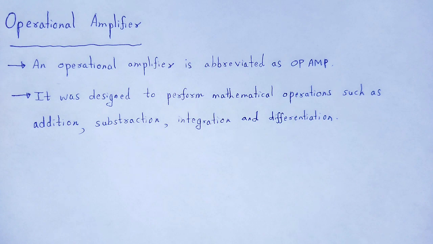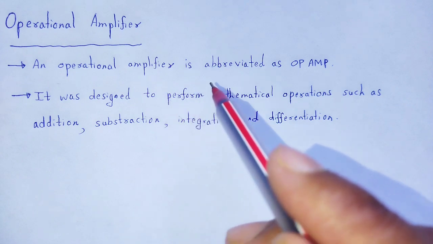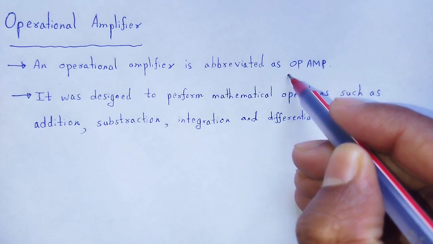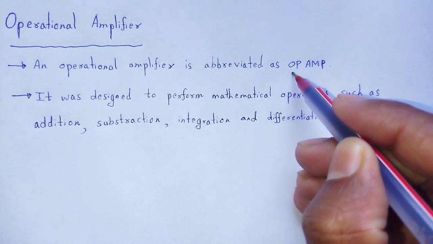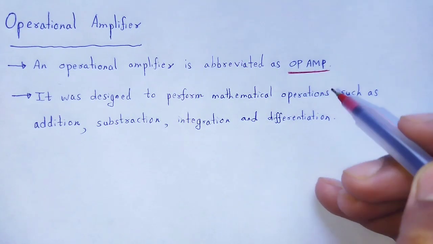Operational amplifier. The operational amplifier is abbreviated as op-amp. OP stands for operational, AMP stands for amplifier.